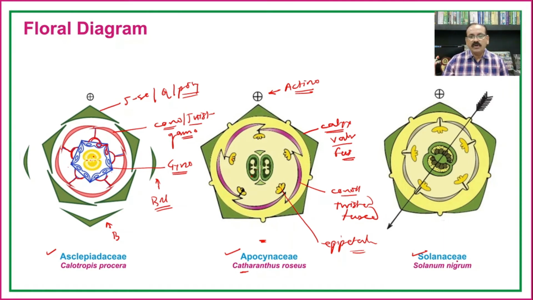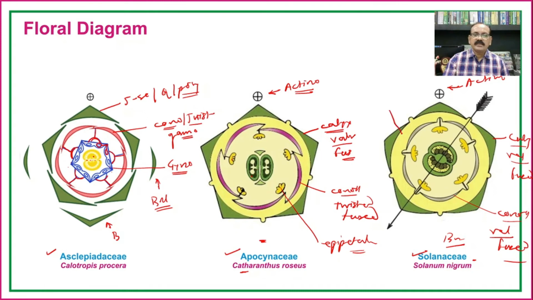In the Solanaceae there is almost a similar condition to that of the Apocynaceae: the axis with actinomorphic flowers, and absence of the bract. Then the calyx with valvate estivation and they are fused, then the corolla again 5 with valvate estivation and also fused, that is a gamopetalous condition.